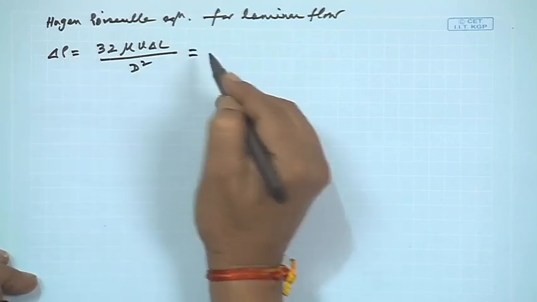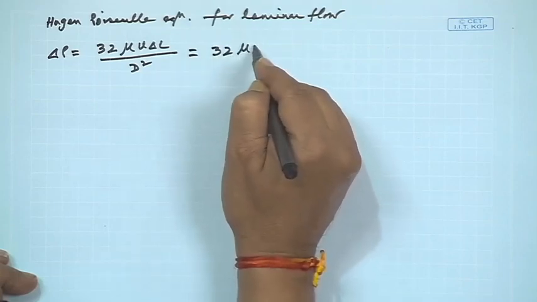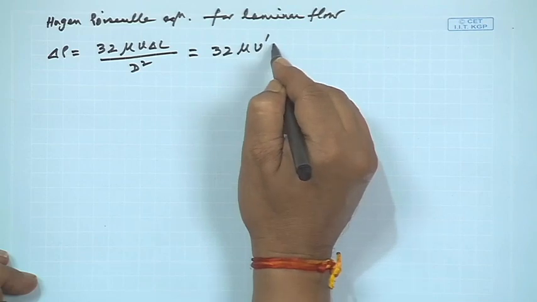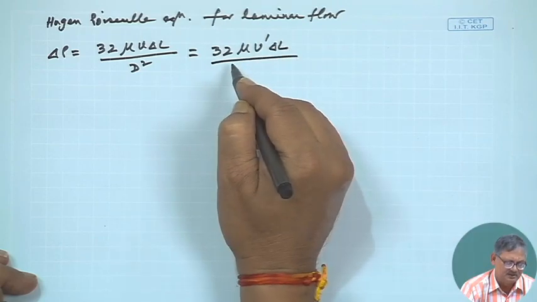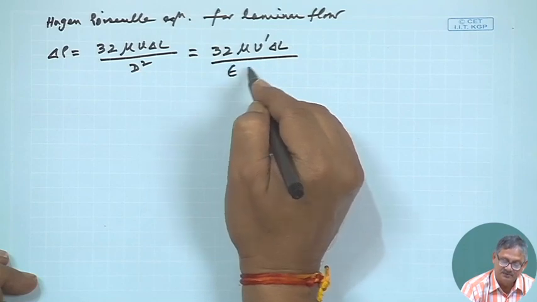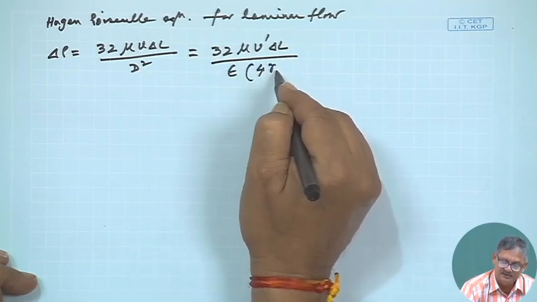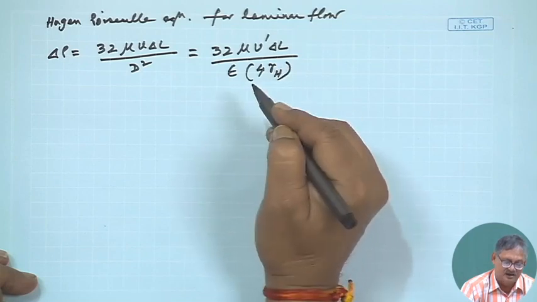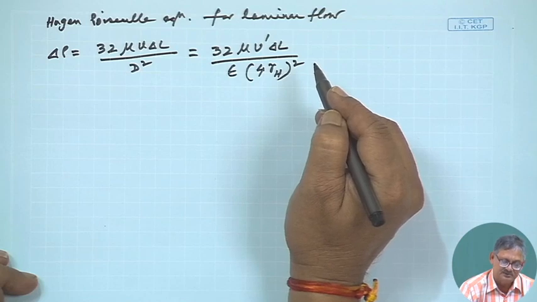Now this we can rewrite as 32 mu V prime delta L over epsilon into 4 RH, where RH is hydraulic radius, whole square, right.